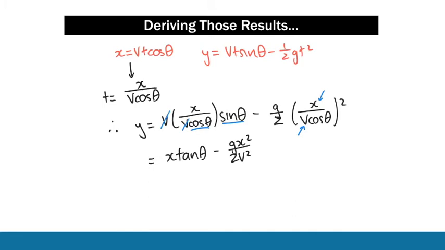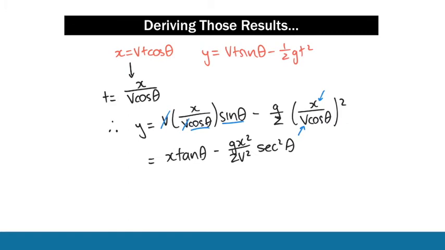Then what we're left with is a 1 on cos theta squared. Now 1 on cos is sec, so that is sec squared theta. So that's the Cartesian equation of our line. The y-coordinate at any given time is given by the x-coordinate into this equation in terms of v and theta.